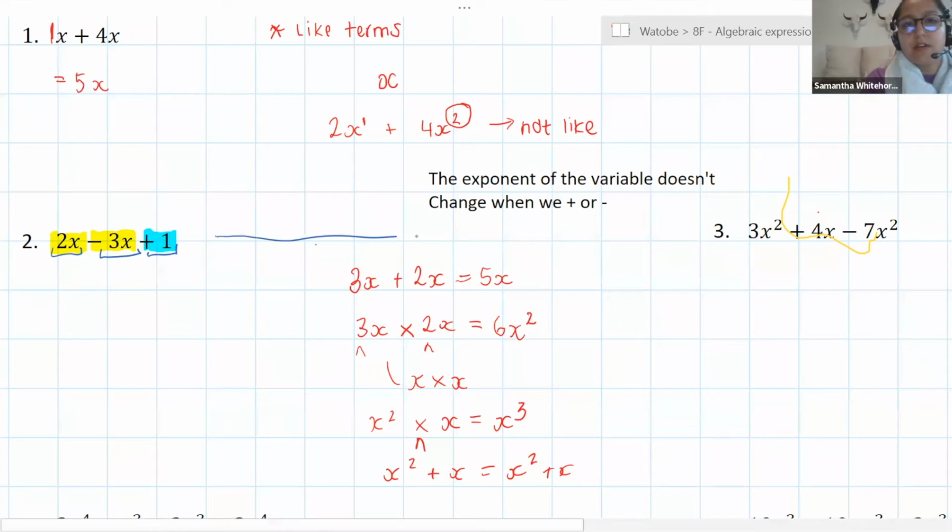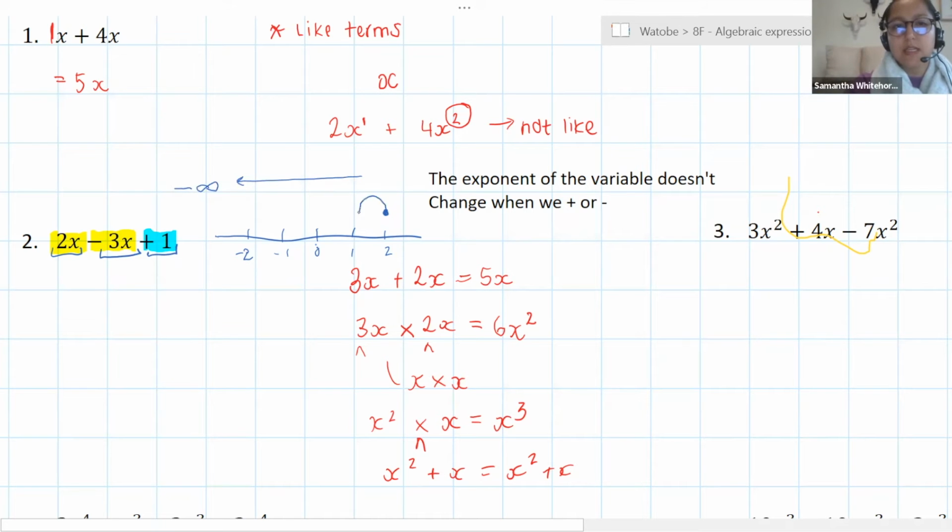If we think of it in the sense of a number line, I'm going to do a very rough number line over here. We're starting at positive 2x's. Now I need to take away 3x's from those positive 2x's. If we're taking away from something, we're moving towards the negative, towards negative infinity.